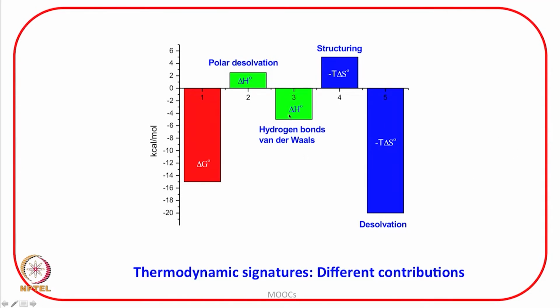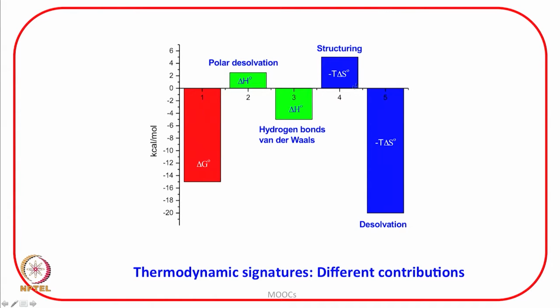However, as I just discussed, it must also be kept in mind that we do not introduce a polar group at a wrong position, which will also increase the positive value. So, hydrogen bonds and van der Waals interactions will contribute in a negative manner. Negative manner here is in a good sense, that is, it will contribute to more exothermicity.